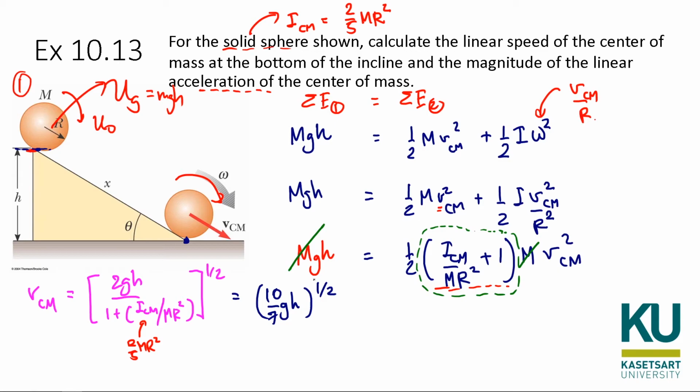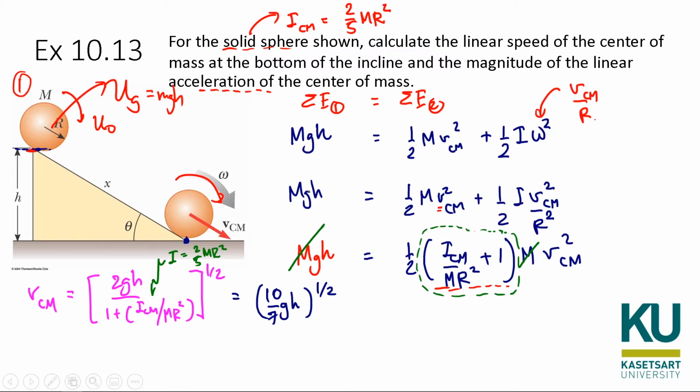I will write it as a power of 1/2 as the square root instead. After substituting I equal to 2/5 m r squared and rearranging the terms, you get this result.